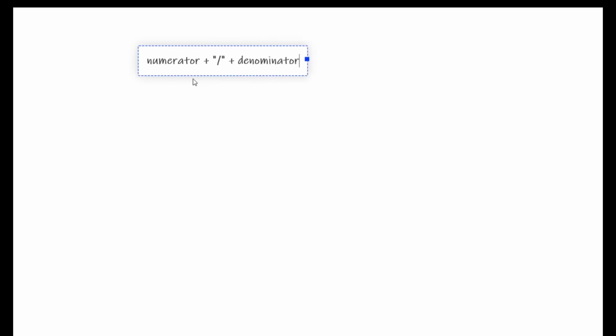So if your numerator is a 3 and your denominator is a 4, then what you're printing out is 3/4. This slash is not kept in your class. The things kept in your class are the numerator, the 3, and the denominator, the 4.